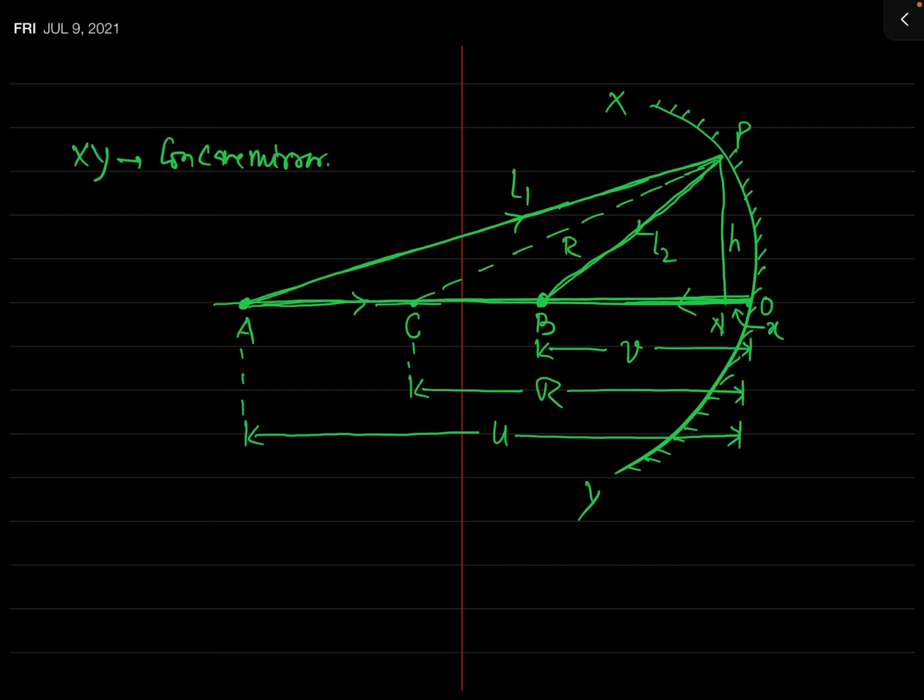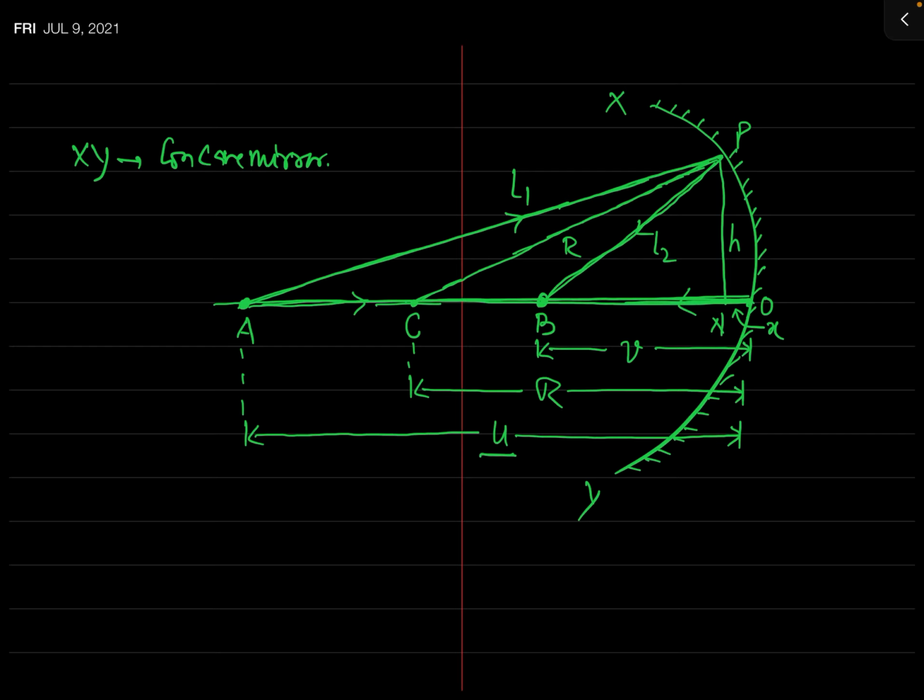So you can see this length CP will be simply equal to the radius of curvature R. And as you know, the distance of the object from the pole of the mirror is known as the object distance, and I have denoted that distance by the symbol U. So OA, which is equal to U, is the object distance.